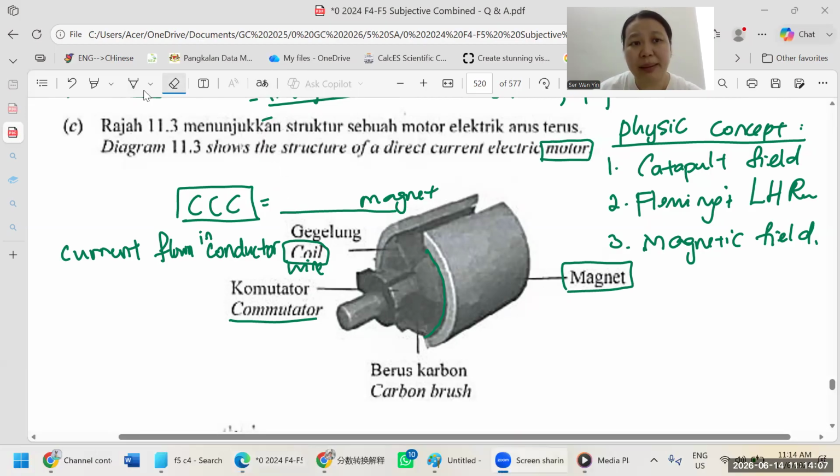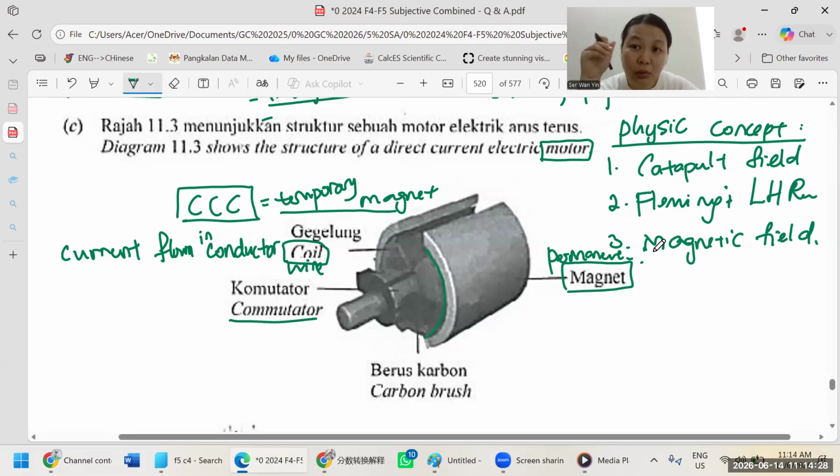Yes, it's a temporary magnet. This magnet is a permanent magnet. And then they interact and start to rotate.